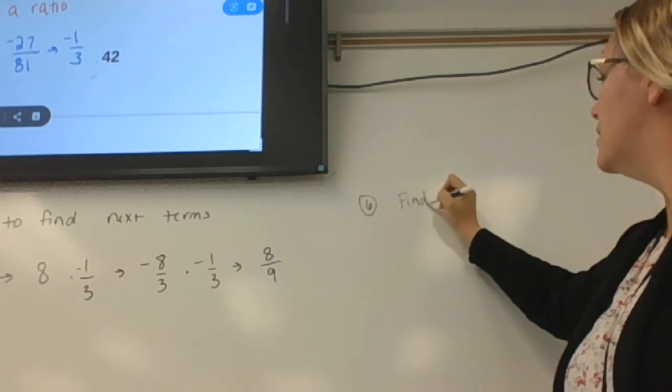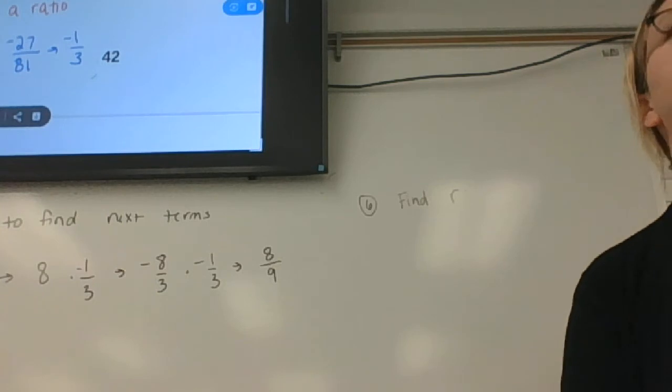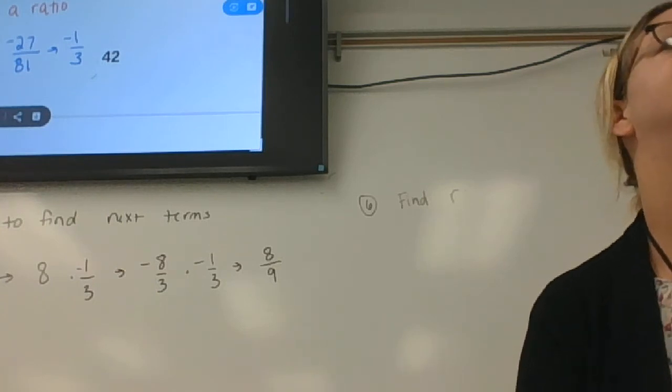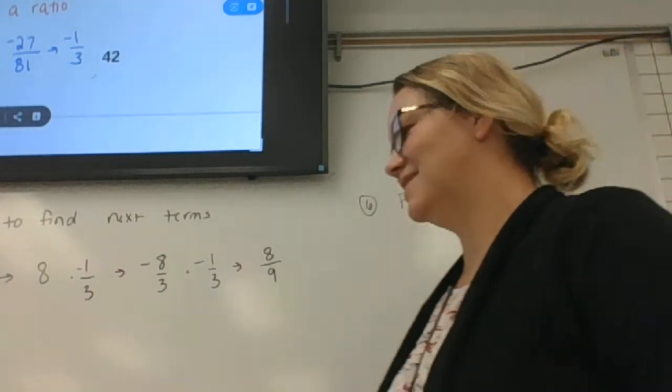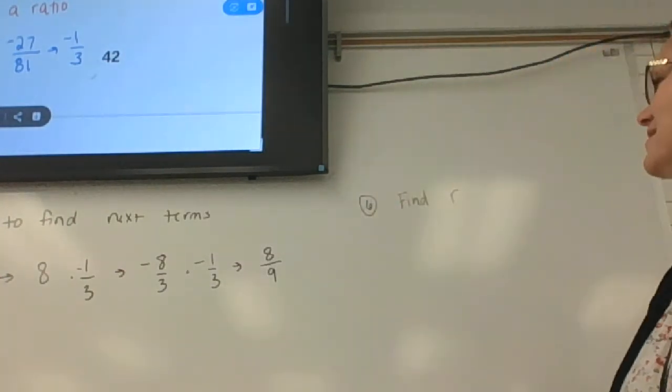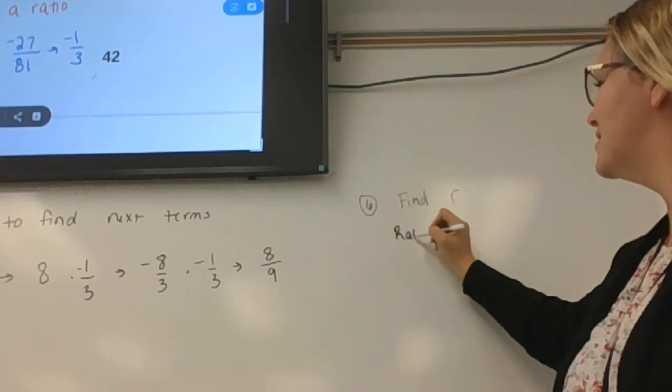You guys, we're not adding and subtracting anymore. We're multiplying and dividing. Oh wait, I know this one. So 25 to -5, it would be negative something.